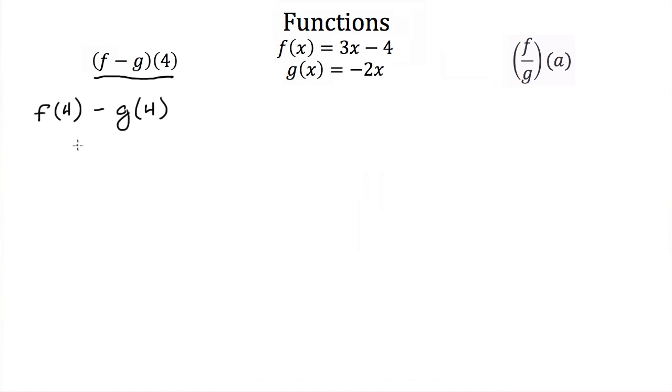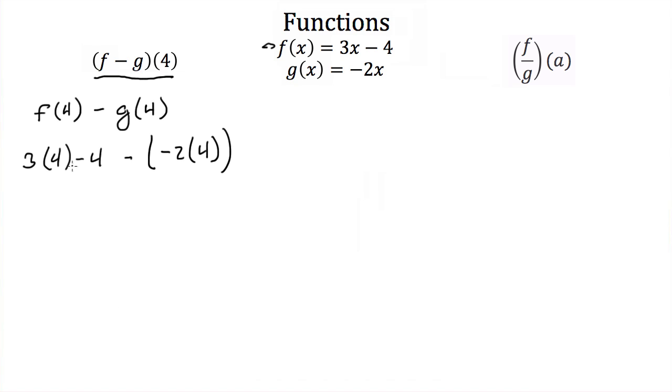To find this, I take my function f and I plug in 4, so 3 times 4 minus 4. And then I subtract my other function where I plug in 4 for x, so minus a negative 2 times 4.